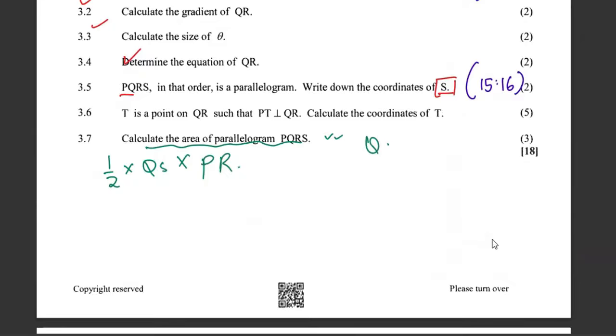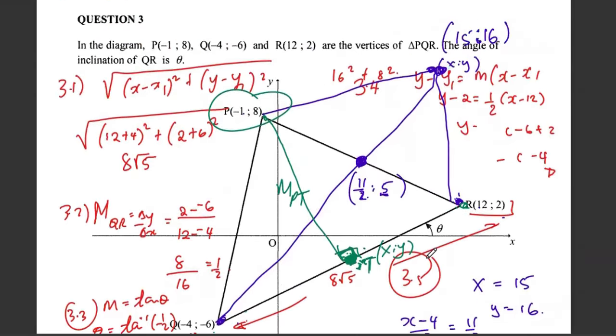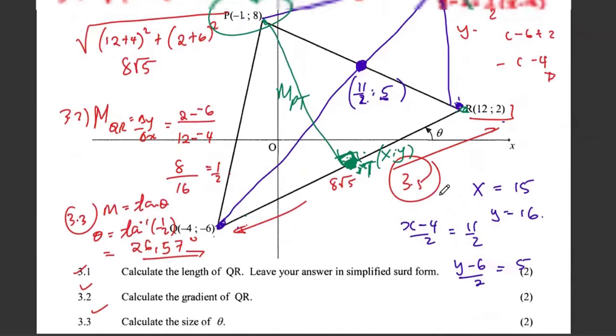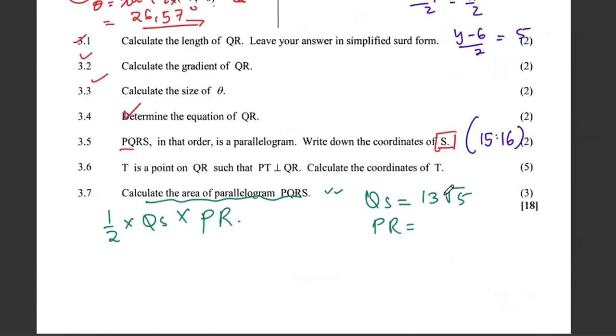So when I use my distance formula, we don't know it yet, but we can get it. My QS that I'm finding is 13√5, and then my PR is technically the square root of 205.